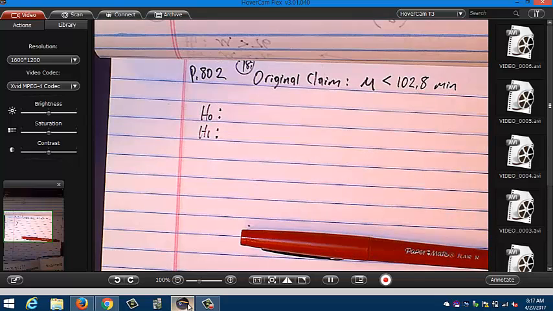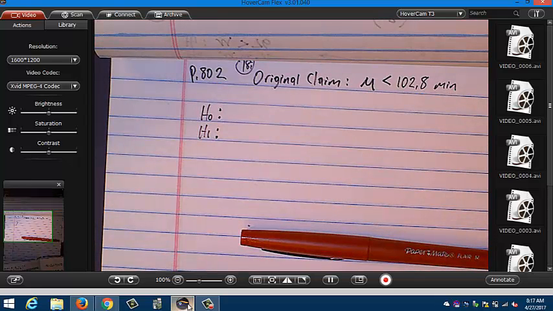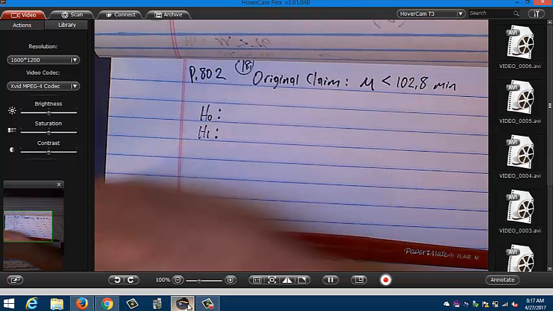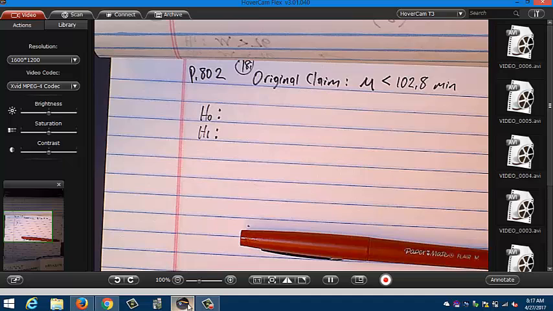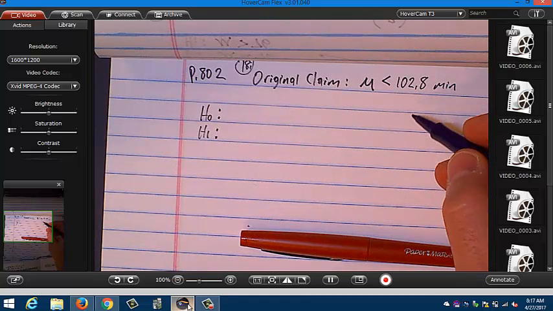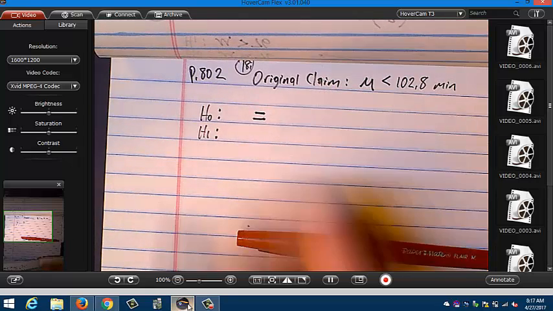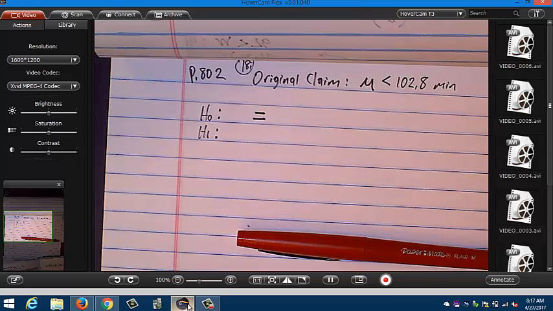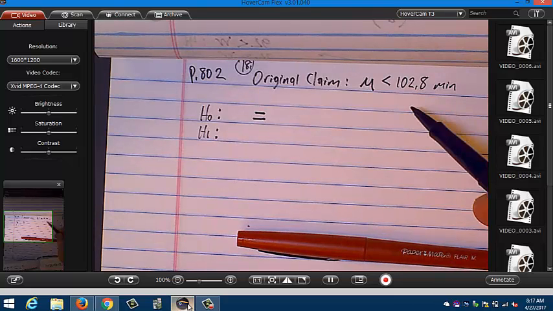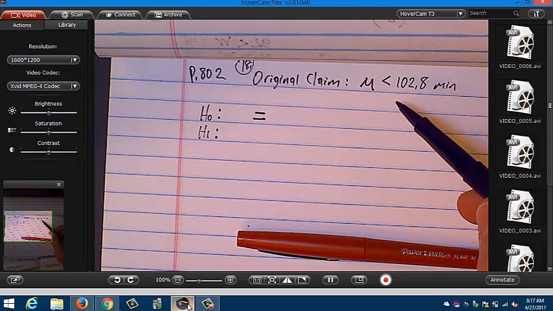Knowing what goes where at the start, right? You do know one thing about the null hypothesis. That always is an equality, right? If I wrote this as the original claim, I can tell you right now I'm going to have an equality. I always do for the null hypothesis. Guys, if the original claim said equals, it would be the null hypothesis.